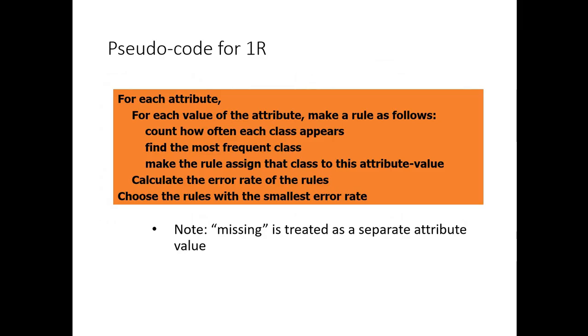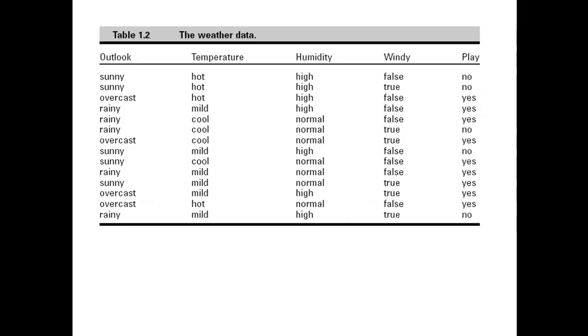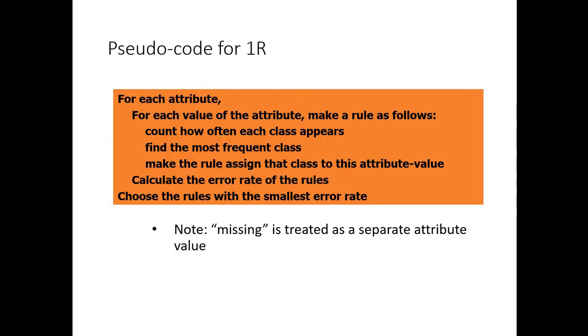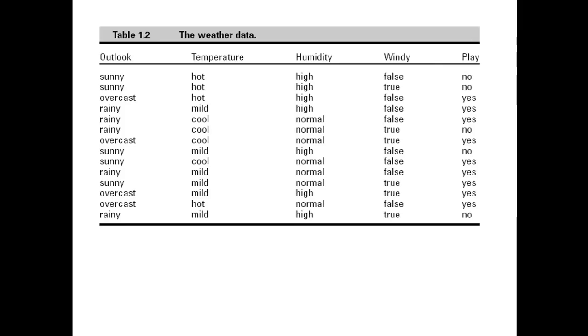For each attribute, then for each value of the attribute, which means in outlook we have 3 values: sunny, overcast, rainy, right? For each attribute value, what we are going to do is make rules by counting how often each class appears. Right. Now for example, let me start with outlook sunny.